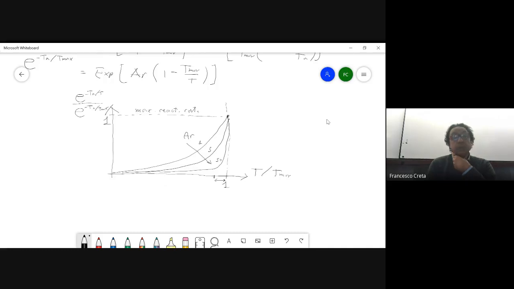So for most of the temperature range, because the activation energy is so high, the reaction rate is suppressed. It's almost 0. Nothing happens. And this is really a crucial property of combustion reactions.